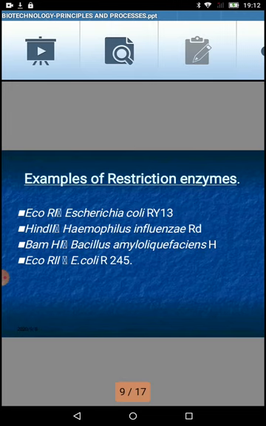These are the organisms from where these restriction enzymes are obtained, and there are nearly 200 of them. But the question comes: how have these names been given, like Eco, R1? Can it be kept in any way? No. There is a definite pattern whenever the nomenclature of restriction enzymes is given.